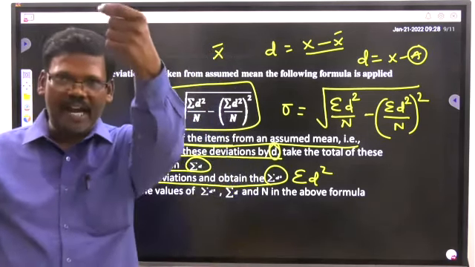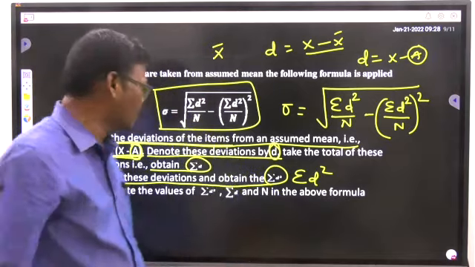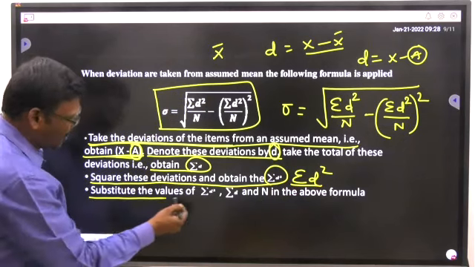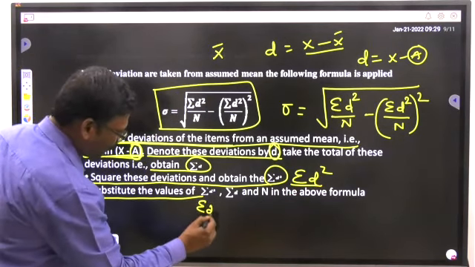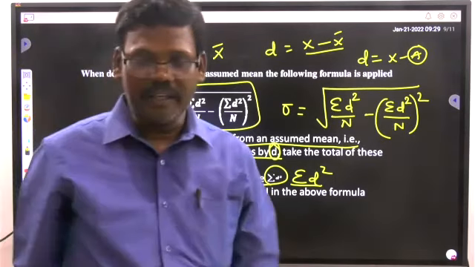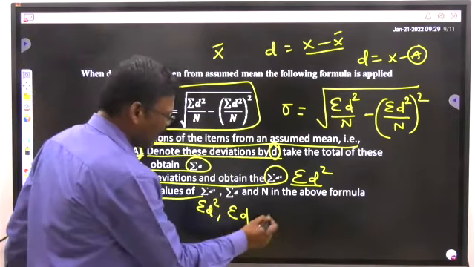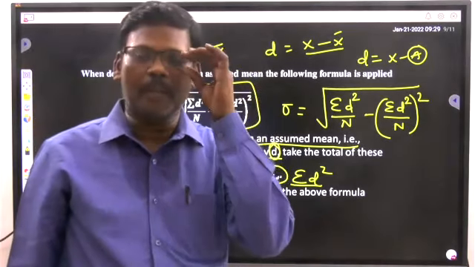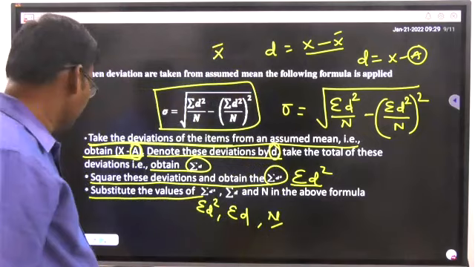If we add all the d square values together, we get sigma d square. Then substitute the values of sigma d square, sigma d and n, where n is the number of observations.